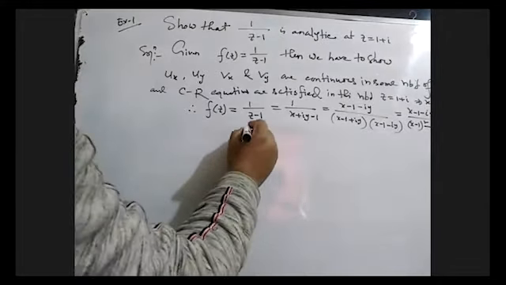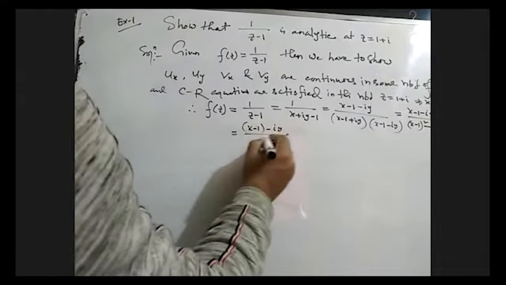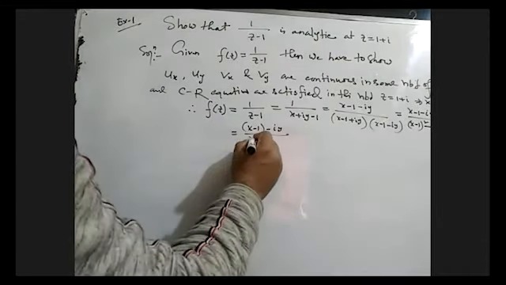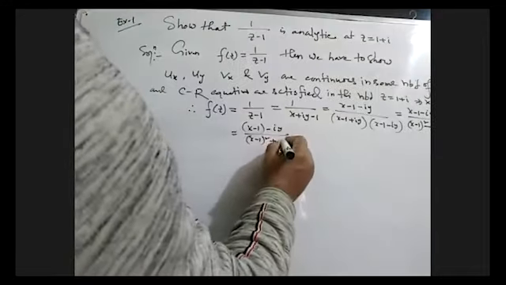Now the a plus b into a minus b formula, what? a minus b equals a square minus b square, so minus iy whole square. Okay, iy whole square. So this equals x minus 1 minus iy divided by what will be x minus 1 whole square plus i square, which means minus 1, so plus y square.